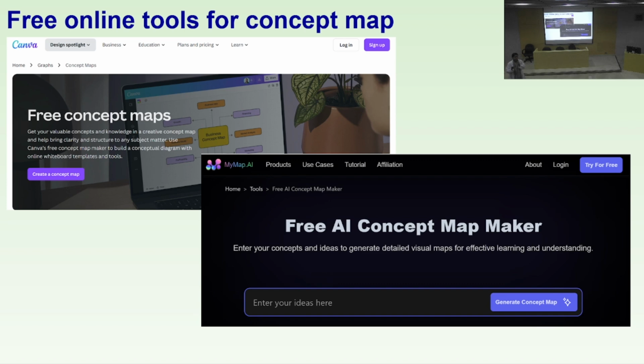You can download some of them, you cannot share some of them. But as students, even free is okay. Don't go for a paid subscription. Even the free templates are okay. Google Docs also gives many templates for concept maps, so please use them. Once you start using it, you will know how effective it is.